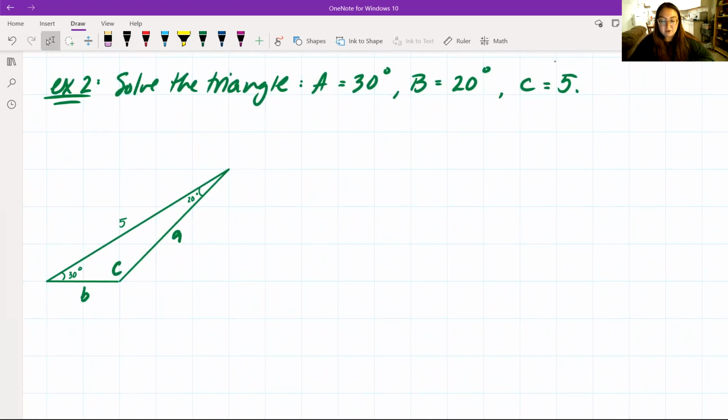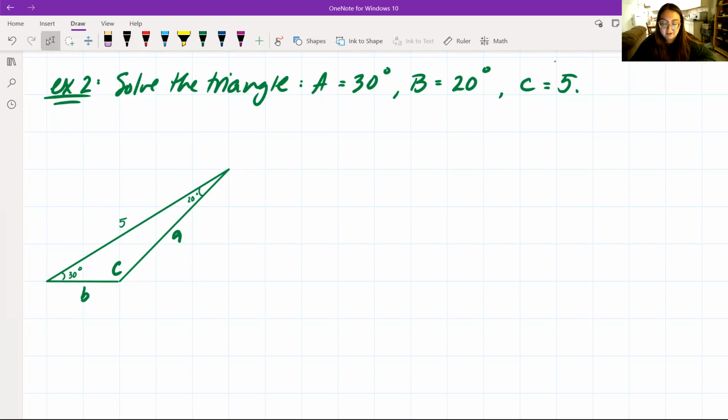All right, we want to solve the triangle A is equal to 30 degrees, B is equal to 20 degrees, and c is equal to 5. So in our last problem, we saw that we had 3 acute angles. So that was the example of an oblique triangle using 3 acute angles. And here we see we're most likely going to have an oblique triangle that uses an obtuse angle and 2 acute angles.